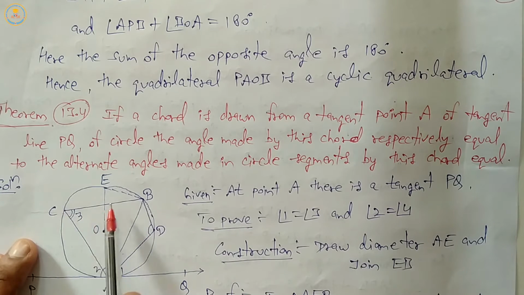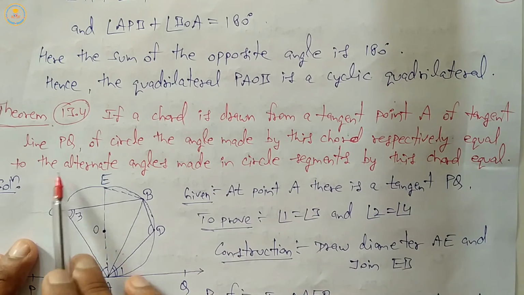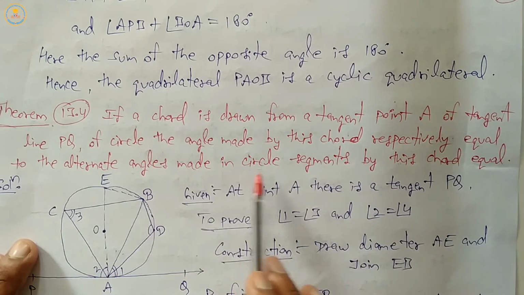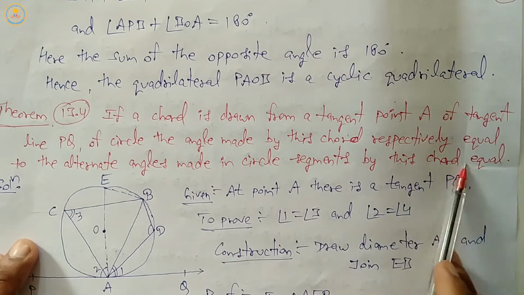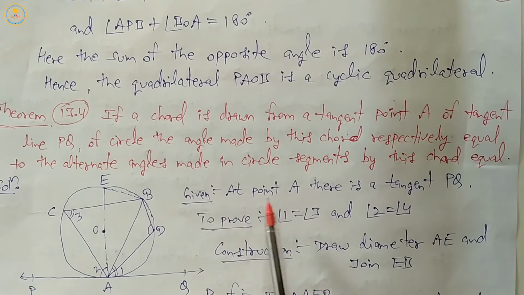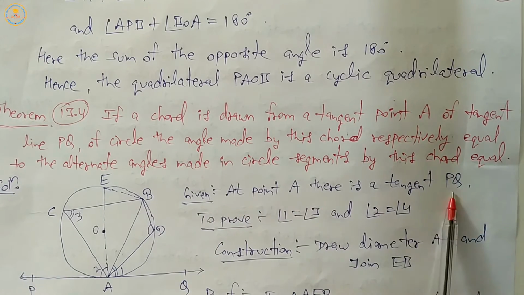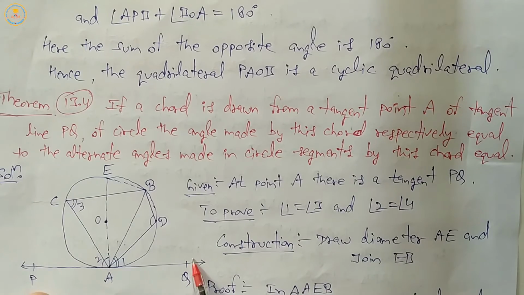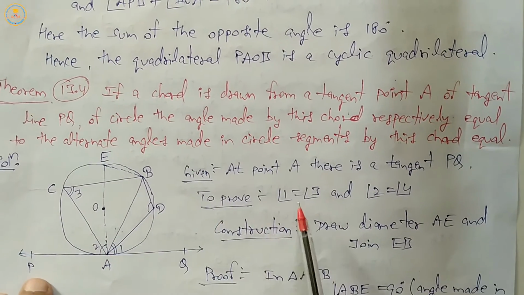Now join A to E. AE is diameter, equal to the alternate angle made in the circle segment by this chord. Now join CB, join BD, join AD and join BA also. Given at point A there is a tangent PQ. Now to prove 1 equal 3.